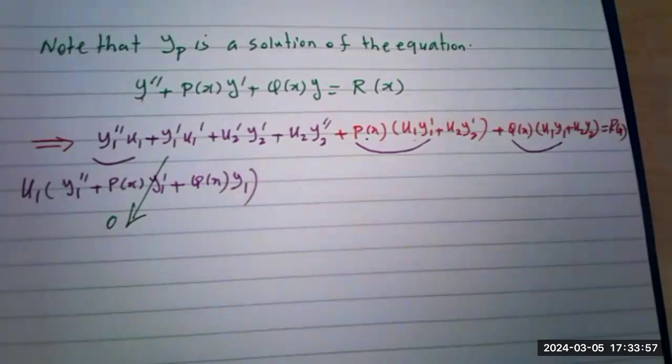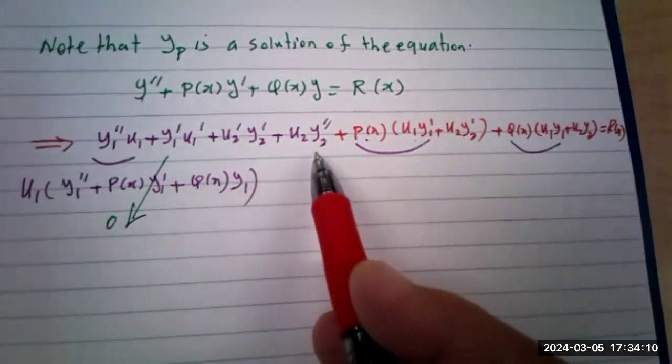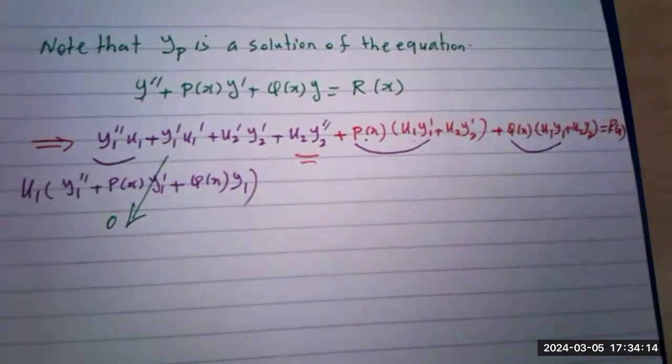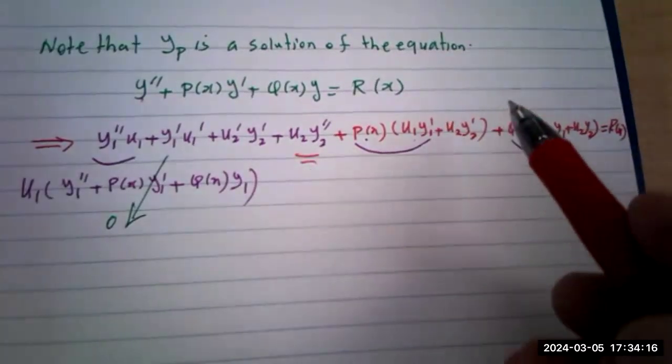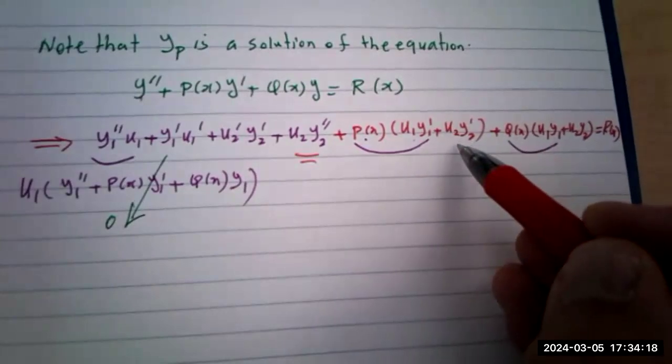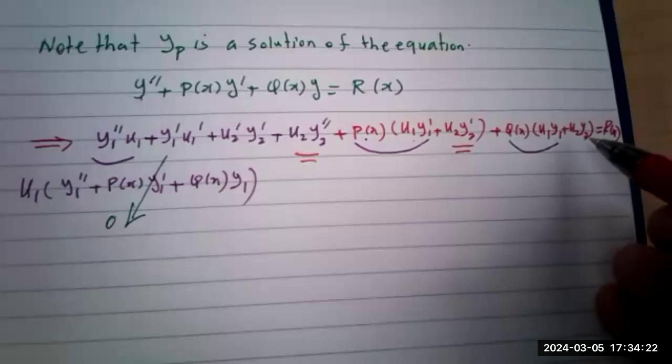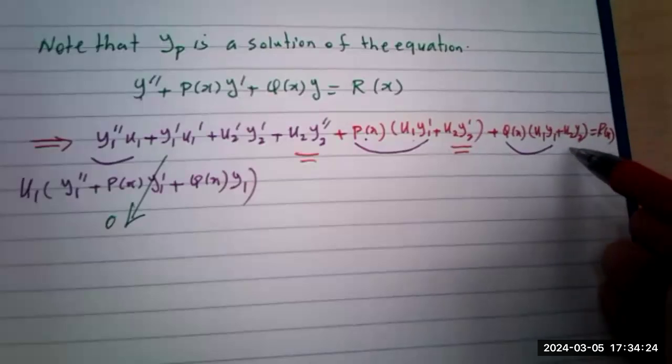Now we are going to do something similar for the y2. So let's check the y2. We start with the double prime. This is y2 double prime. We need p(x) times y2 prime. And then we need q(x) times y2.